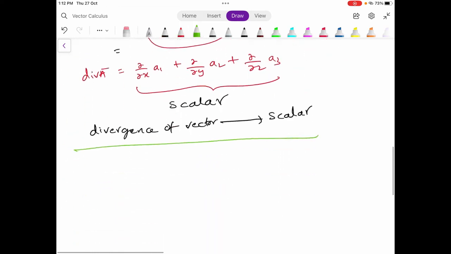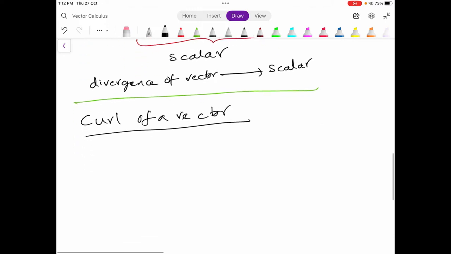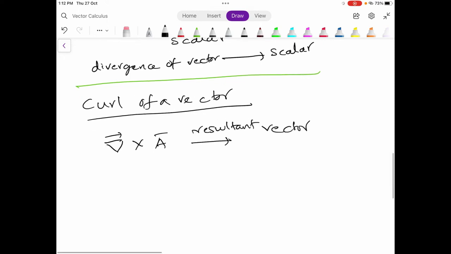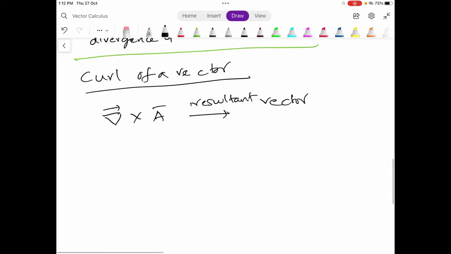Now we will go to the curl of a vector. The curl of a vector is the del operator cross product with a vector. The resultant we will get is a vector, just like a cross product. So let's take the same example.